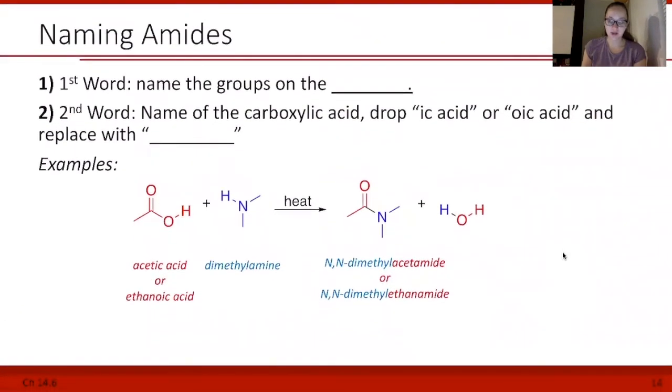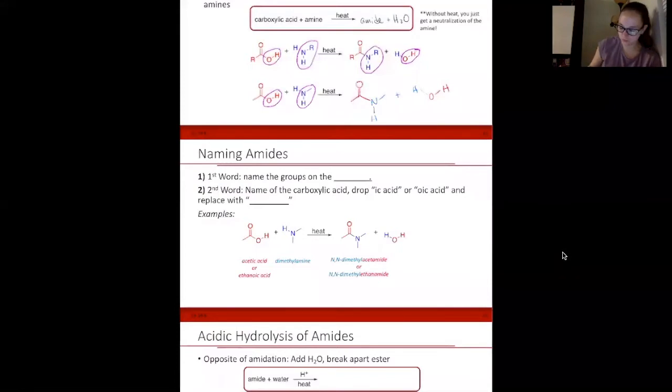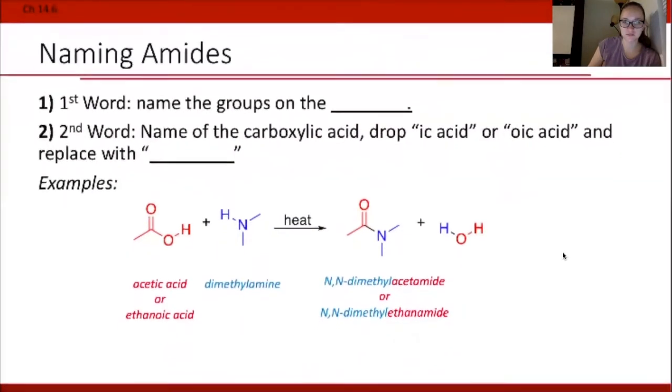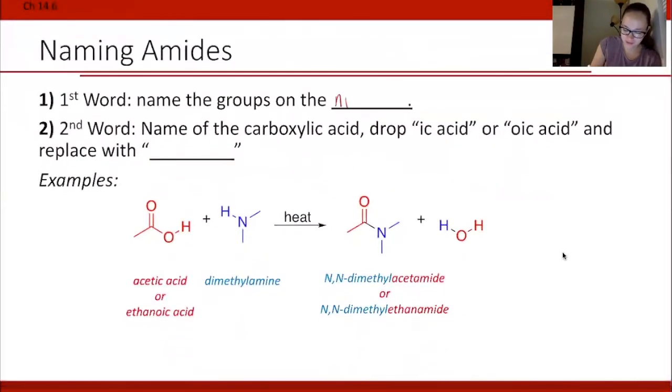So continuing on, we're going to work on naming amides. The amide naming is pretty similar to ester naming, but now we just have another group on there. The first word is going to name the groups on the nitrogen.